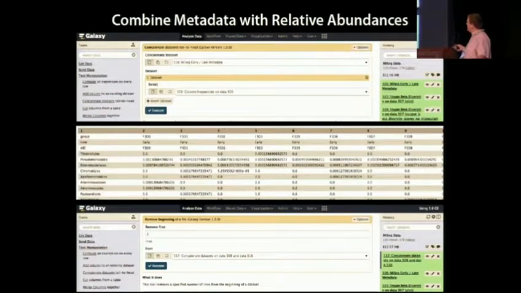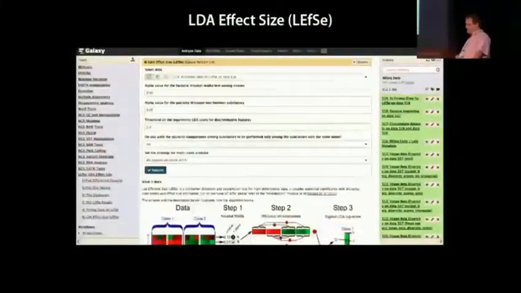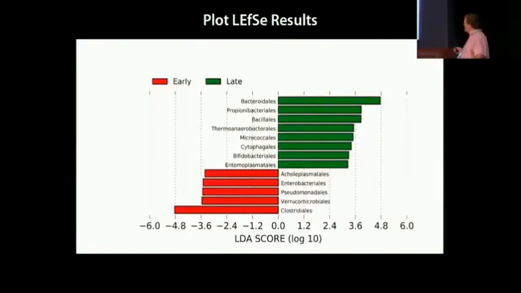Okay, so here in this example, we have the input for LEfSe, and we've gone ahead and have our abundance counts, and then we have one individual set of metadata. We can build this metadata up inside of Galaxy, and then we can perform an analysis using LEfSe.